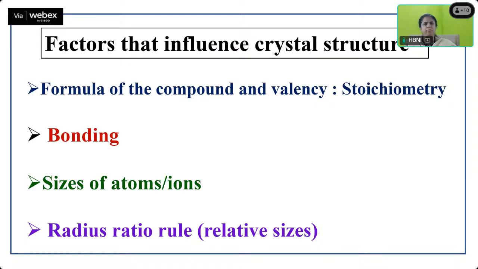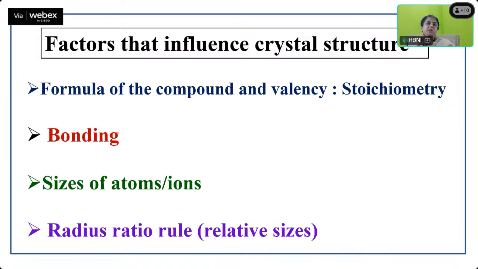Now, there would be certain exceptions, but we would talk about the generalized understanding of what the guidelines are to determine what structure a given chemical compound would adopt. So the first one is stoichiometry, whether it is 1:1 or 1:2 or 1:3 and so on.